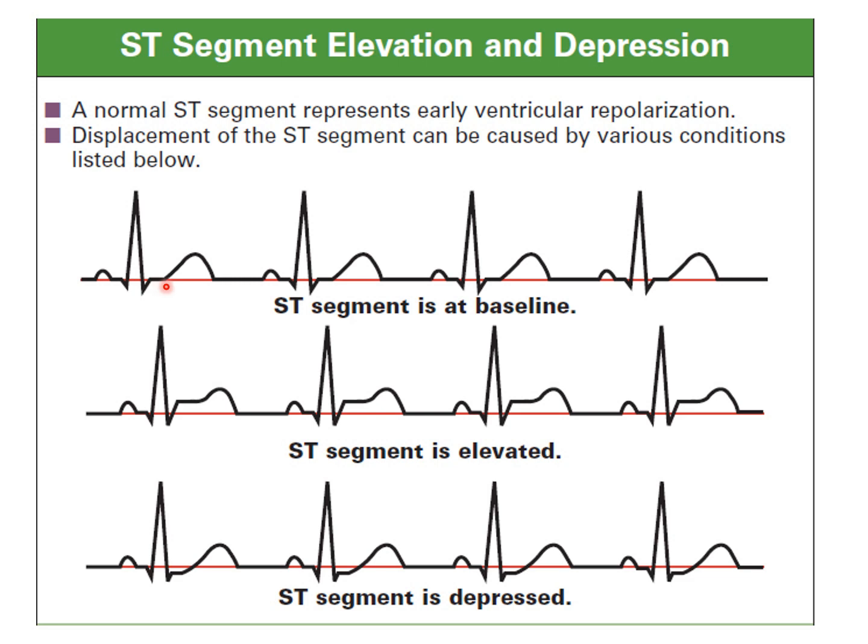This is on the isoelectric line or the baseline. But in the second one, the J point is at a higher level than the baseline. This is ST segment elevation. And in the third one, the J point is below the level of the baseline or isoelectric line. This is a case of ST segment depression. So we learned normal ST segment, ST segment elevation, and ST segment depression.